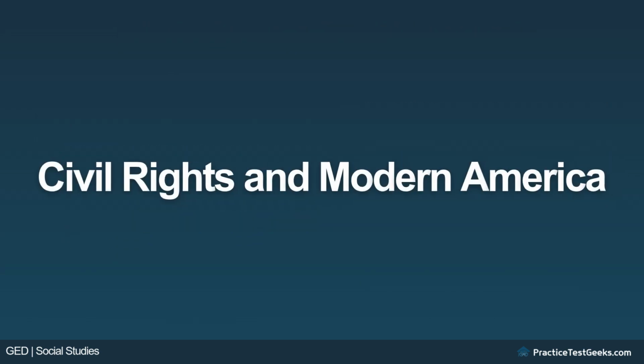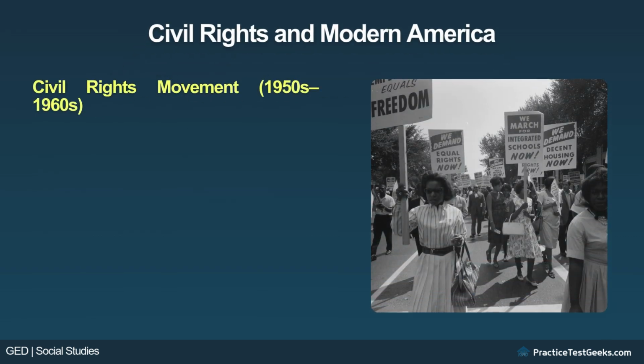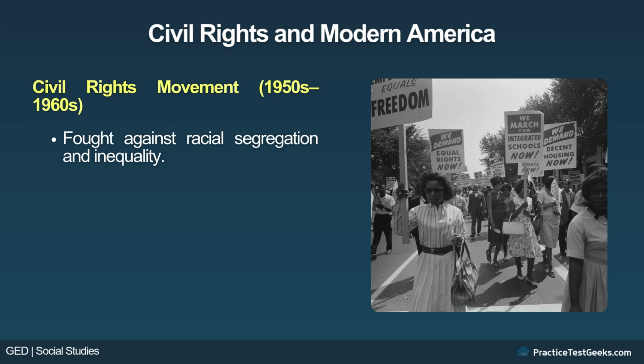This section explores the civil rights movement and key events in recent U.S. history that shaped modern America. Civil rights movement, 1950s, 1960s. The civil rights movement aimed to end racial segregation and promote equality for African Americans.